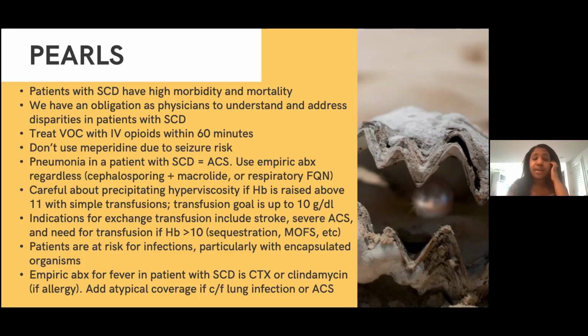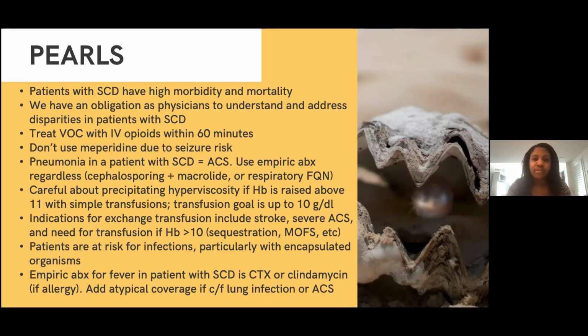We should be careful about precipitating hyperviscosity if our hemoglobin is raised above 10 with simple transfusions. So our transfusion goal is actually 10, no higher. Indications for exchange transfusion include stroke, severe ACS, and if you need to transfuse someone for another indication and with simple transfusion the hemoglobin would be greater than 10. And so you have to use exchange to eliminate that risk of hyperviscosity.